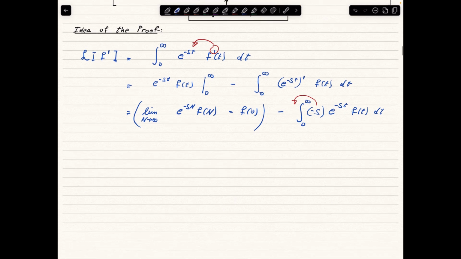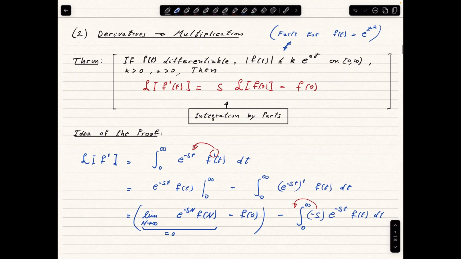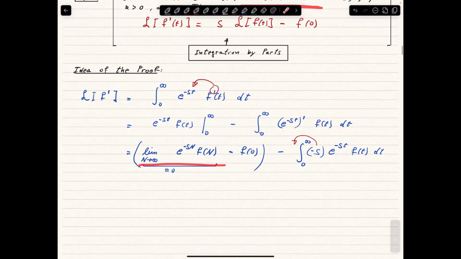The negative signs are going to cancel, and now this limit is going to be 0. Why is this 0? This is 0 because this hypothesis here makes that limit 0.